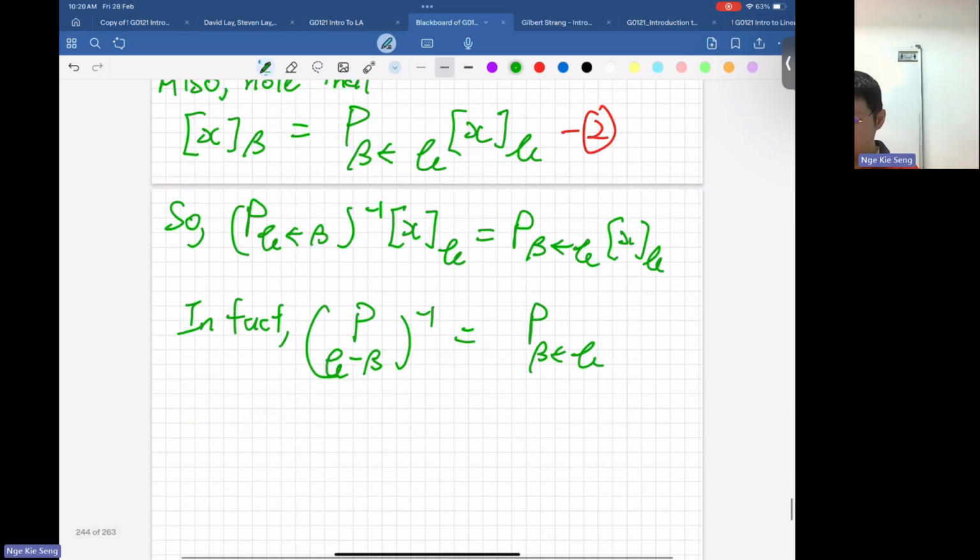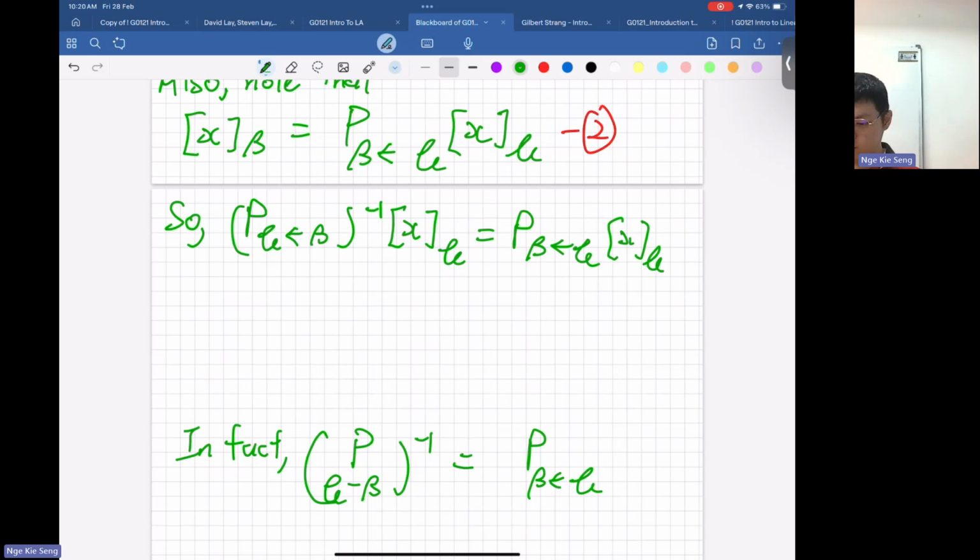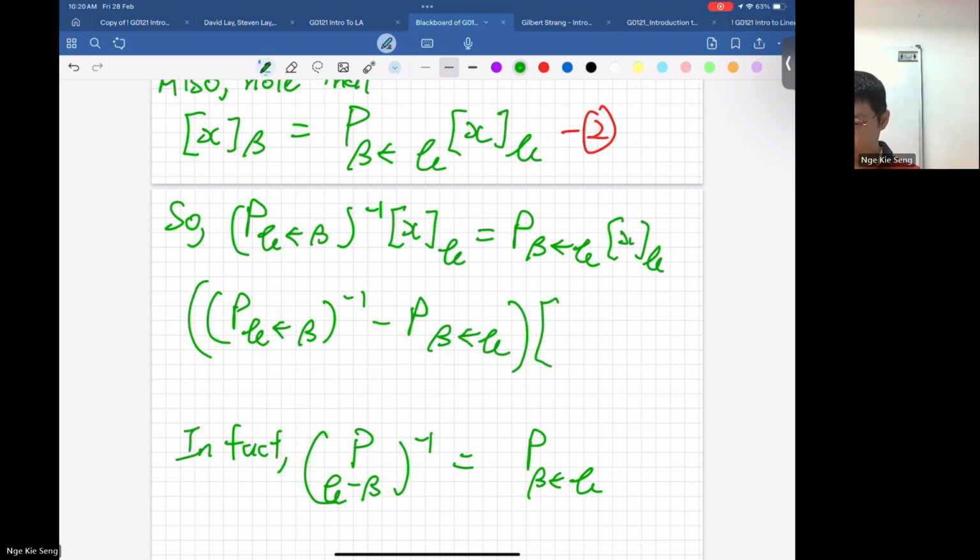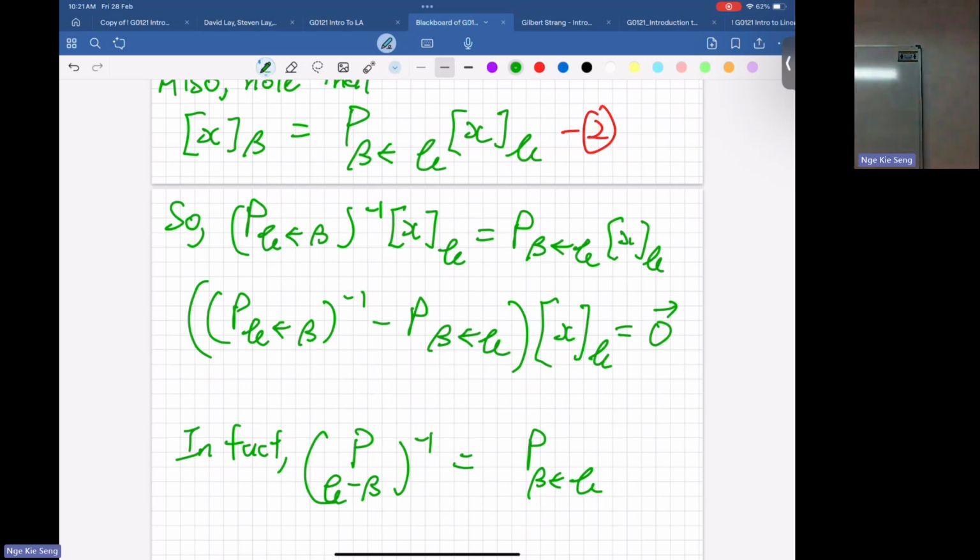But what can you do with this matrix vector multiplication? You can group them together. But you should imagine what kind of matrix, multiplied to any vector, gives 0.